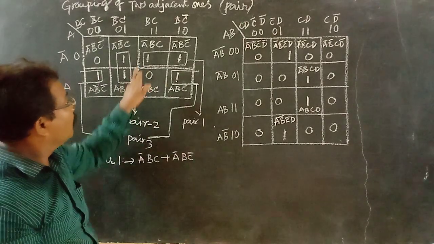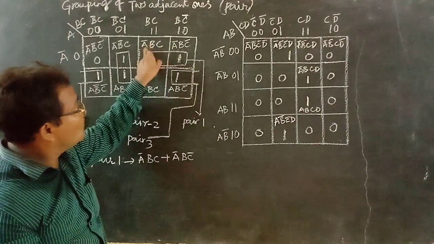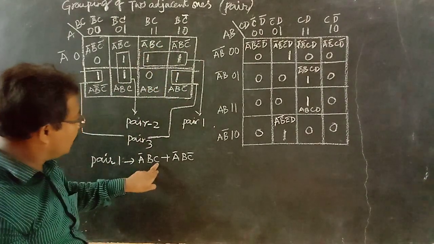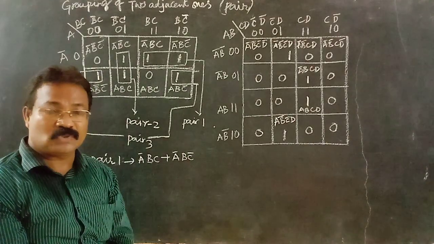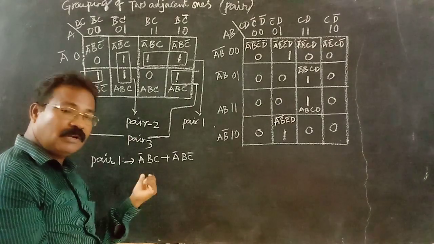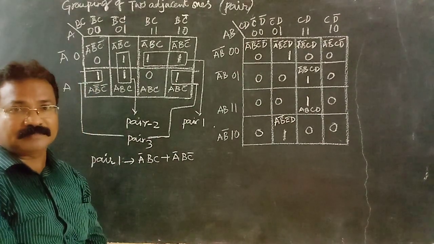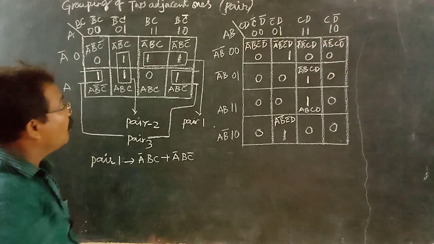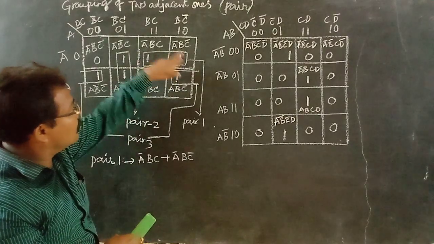So this pair one can be grouped with these two minterms A bar B C plus A bar B C bar. While simplifying this expression, you can get a simplified format. Here we can directly simplify by seeing this pair.